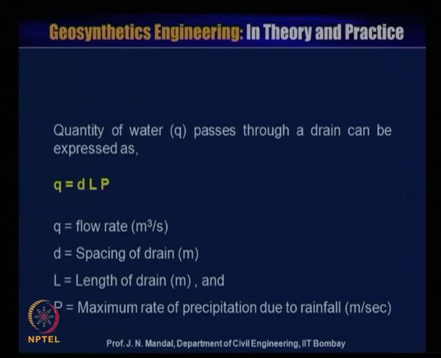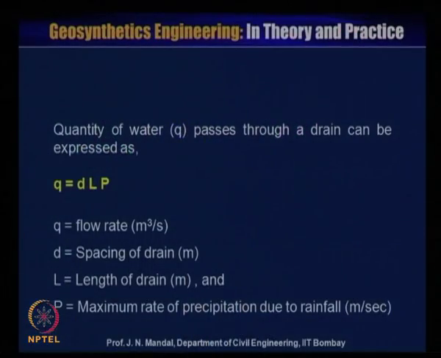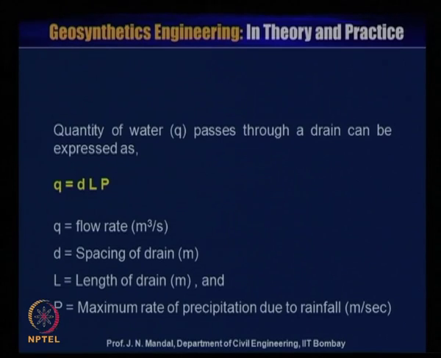Now, first of all, we have to find out the quantity of water, small q, that passes through the drain, which can be expressed as q is equal to D L P, where q is the flow rate in meter cube per second, and D is the spacing of the drain in meters.